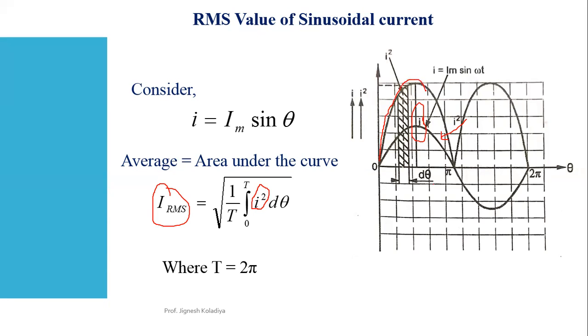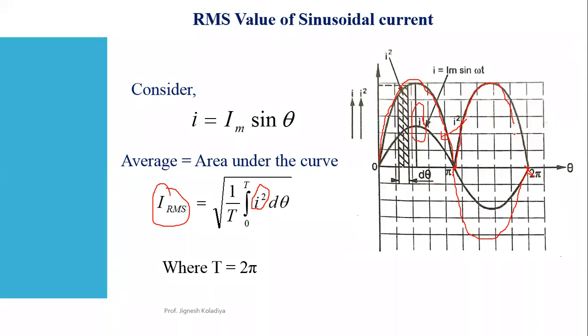But the interesting thing is what? When I'm going to square this waveform, the square of this waveform is looking like this, but it is negative, and if I'm doing the square, then negative into negative will be positive, so the whole curve is reflected on the positive side.